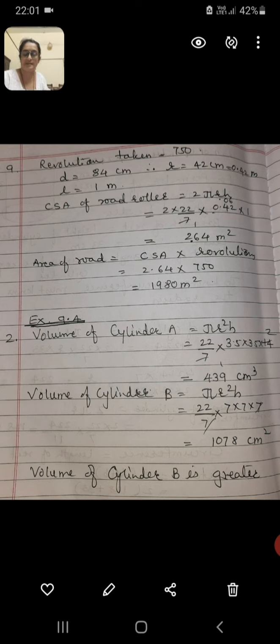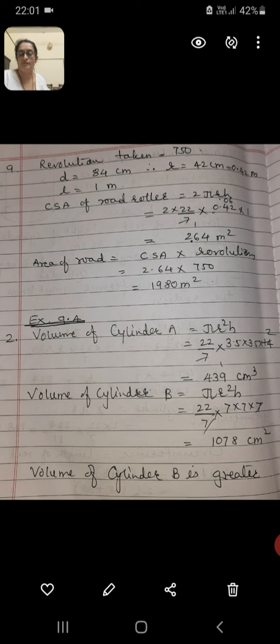So for cylinder A, 22 upon 7 into radius is 3.5, because diameter is given, that is 7. So 3.5 into 3.5 into 14, that gives us 539 centimeter cube.